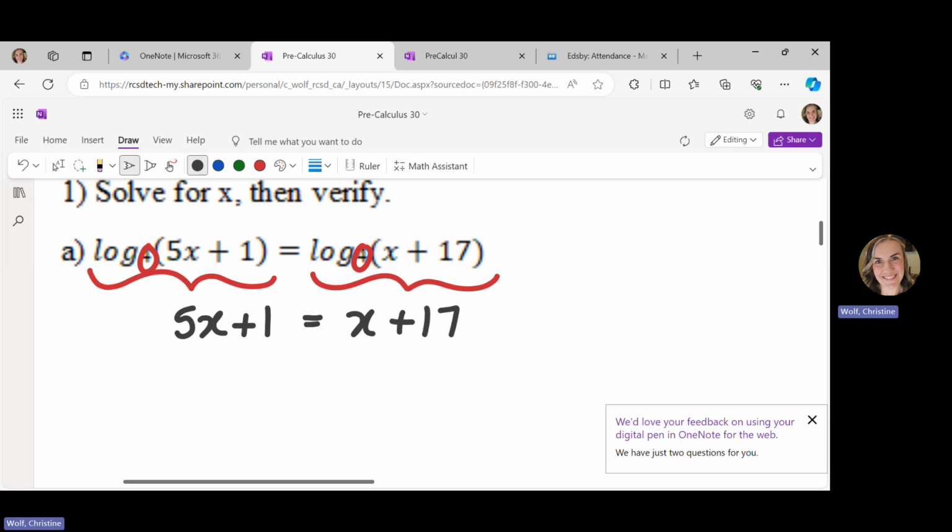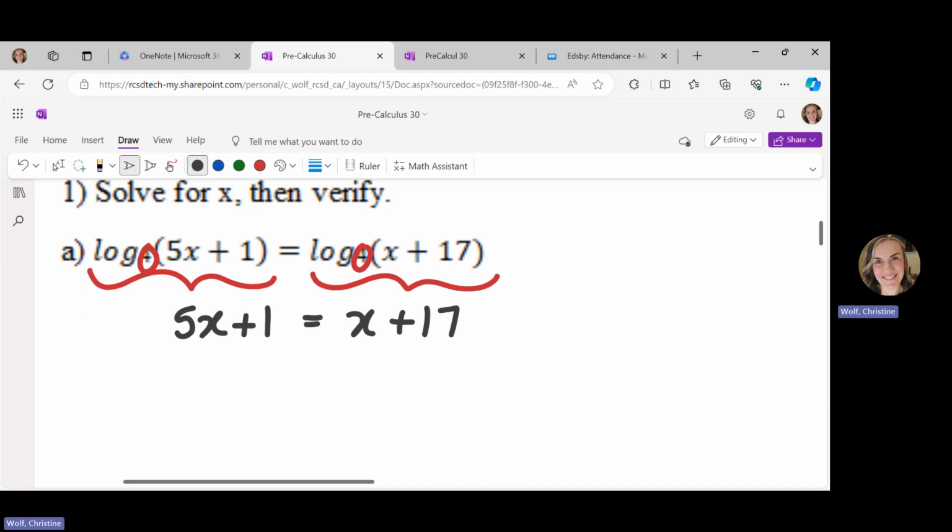If 4 to the something equals that, and 4 to that same something equals that, and they're equal to each other, then those two arguments have to also be the same. We're forcing them to be the same. So when this is the case, you're allowed to just drop the log part.